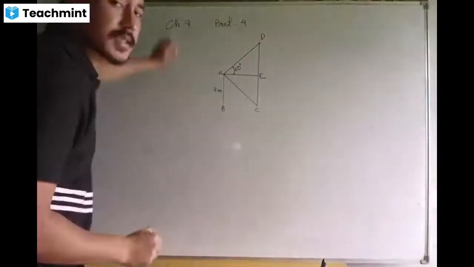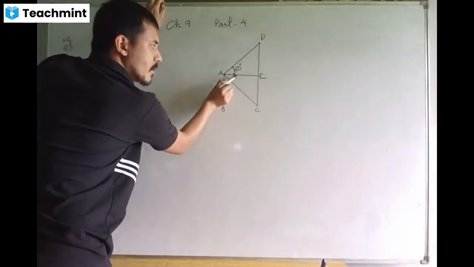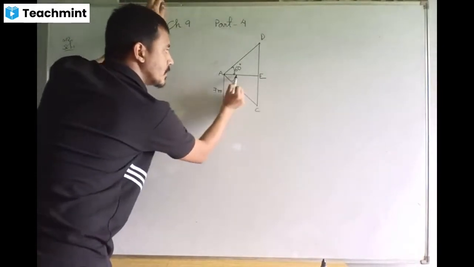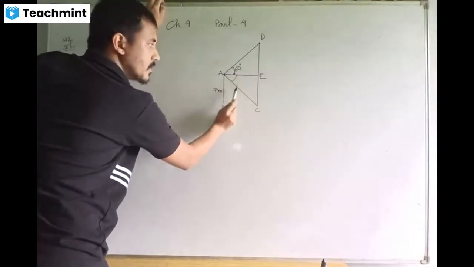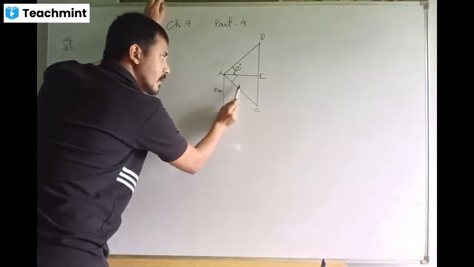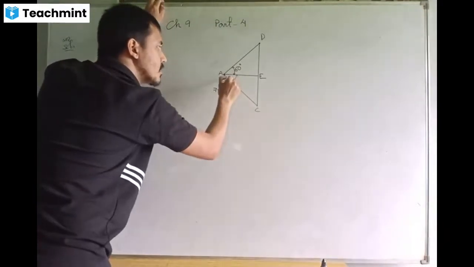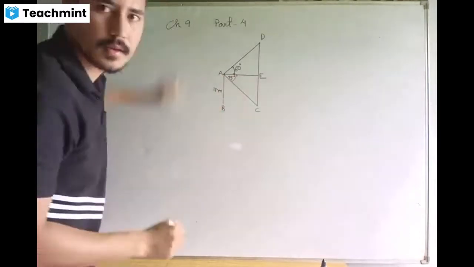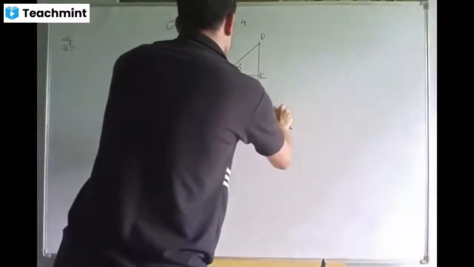Now, this time, this is your line of sight, and this is the horizontal line. The angle between them is the angle of depression, which is given to be 45 degrees. Now, let us complete the figure by joining B and C.